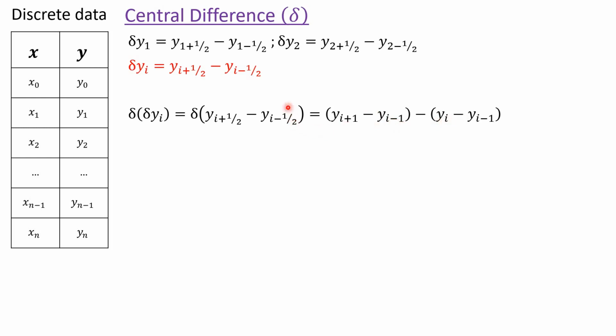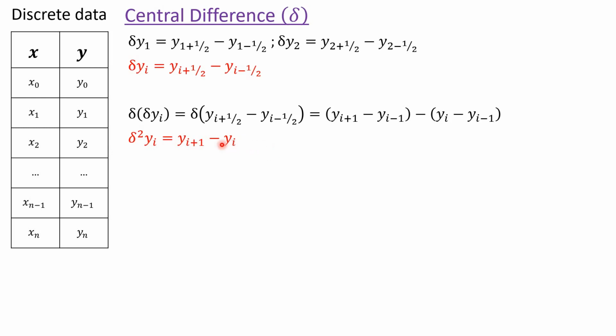And for the other term, when delta operates on this, that is y of i minus half plus half, that is yi minus y of i minus half, that is y of i minus 1. This gives us delta square yi as y of i plus 1 minus yi.